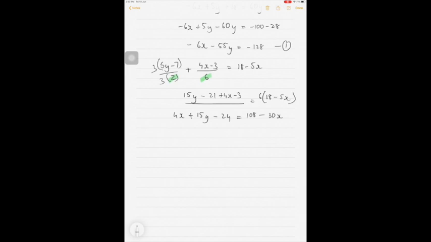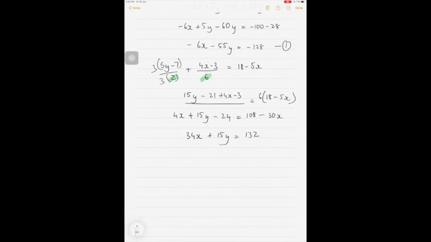So I'll bring 30x this side, so minus 30x will become plus 30x, so 34x plus 15y is equal to 108 plus 24. 108 plus 24 is 132, correct?